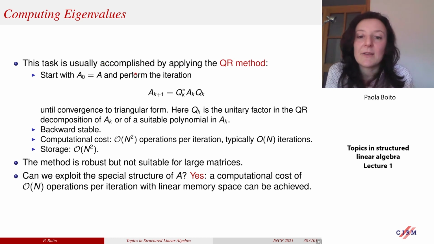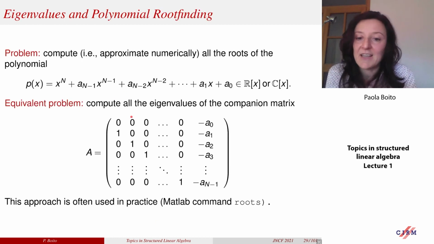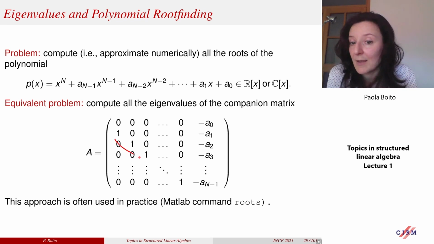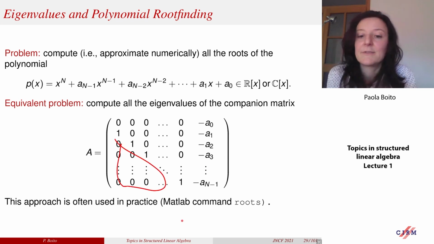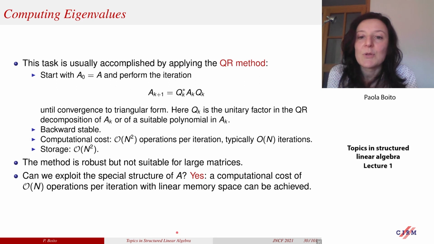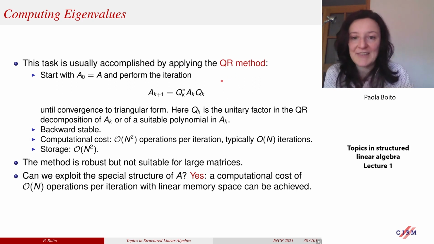The way it works is to reduce the matrix to upper Hessenberg form by similarity with a unitary matrix. In our case, the companion matrix is already in upper Hessenberg form because we have zeros here, right? We don't need to perform this preliminary step.